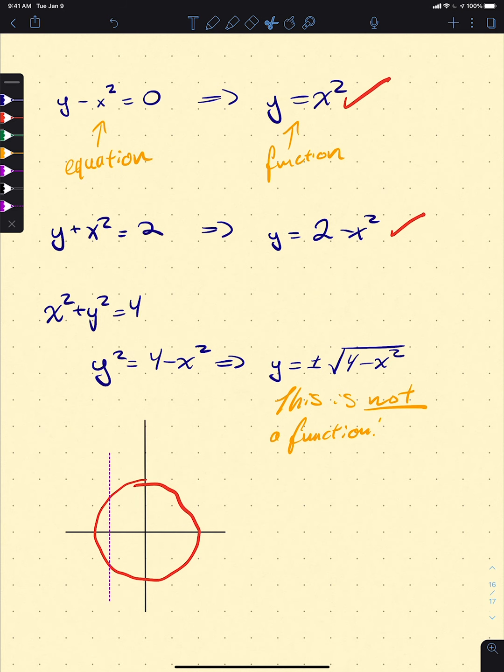That's the nice thing about this vertical line test being if and only if. As long as you have the graph, you can always tell if there's a function, but it's not necessarily always possible for us to solve for y. That's why this vertical line test is so important.